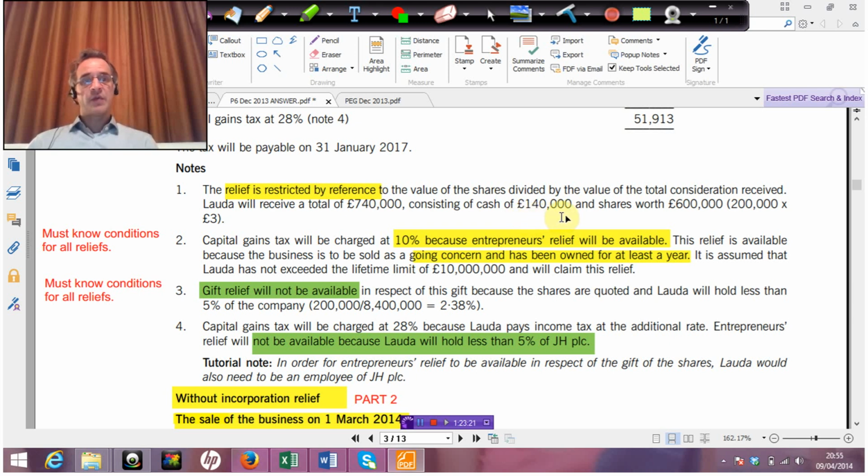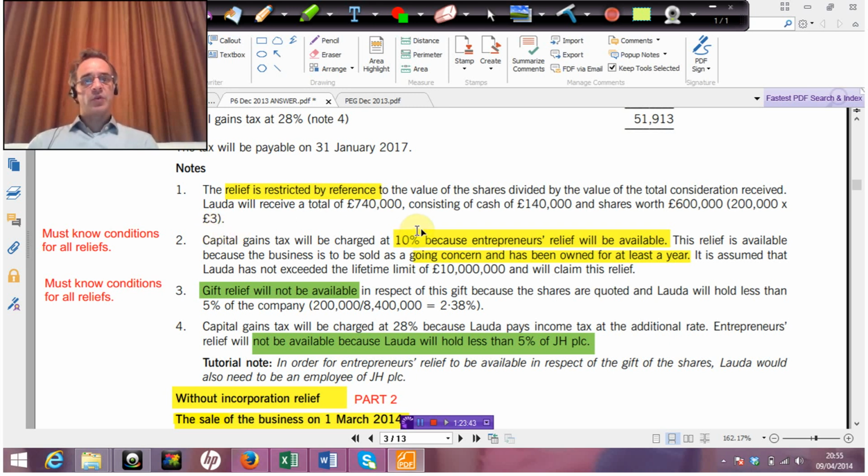So only one part of the consideration is shares, share for share, as it were. And the value of that is basically the 200,000 shares times 3. And we were given those values in the question.